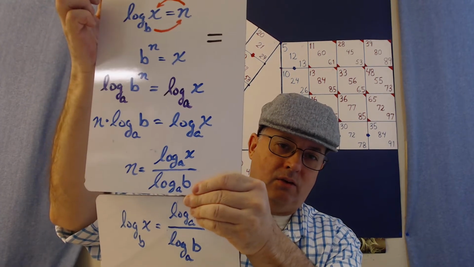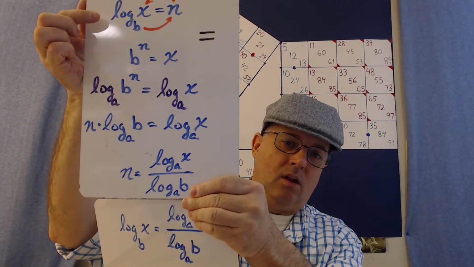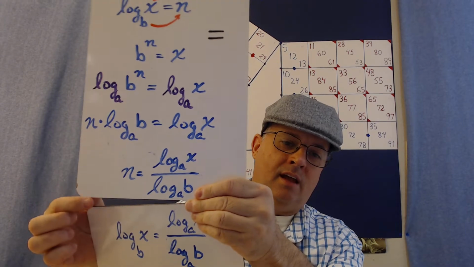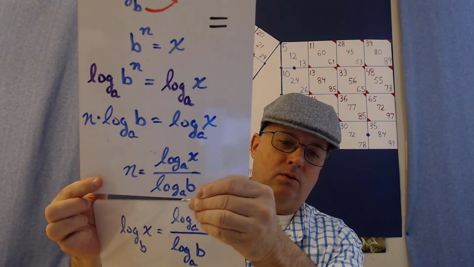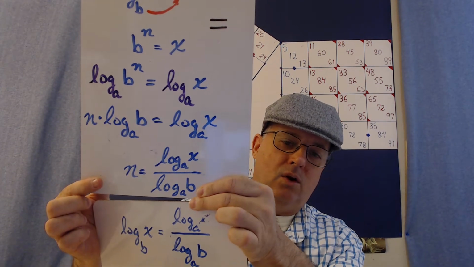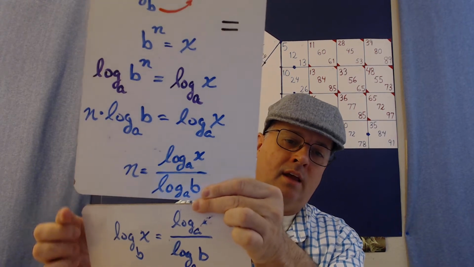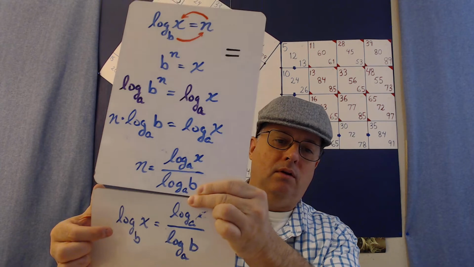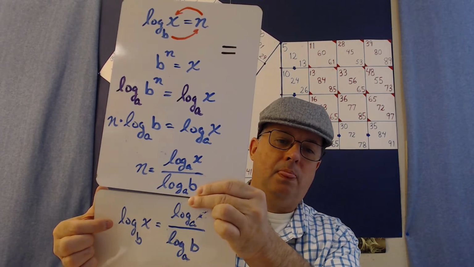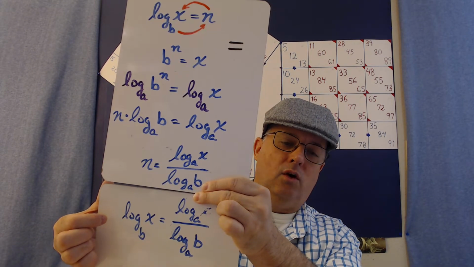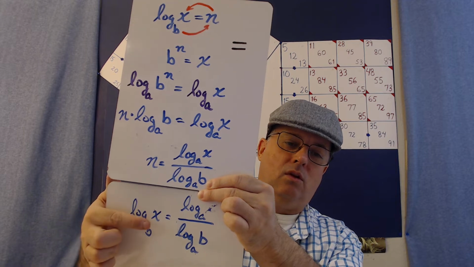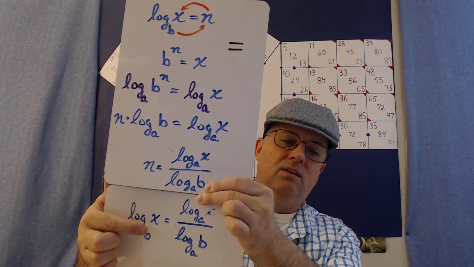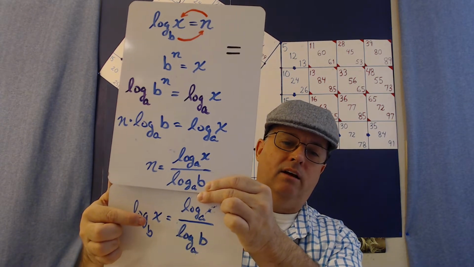So n is equal to the log base b of x, and n is equal to the log base a of x over the log base a of b, and so instead of n, we can put log base b of x. And the log base b of x is equal to the log base a of x over the log base a of b.